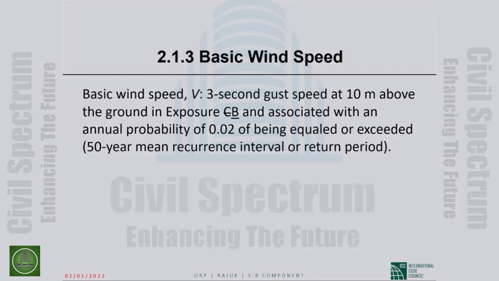Now, when we say that, it is not just one 3-second period that you choose randomly. Agencies like NOAA, the National Oceanic and Atmospheric Administration, take wind speed average over one 3-second period, then the next 3-second period, then the next 3-second period.